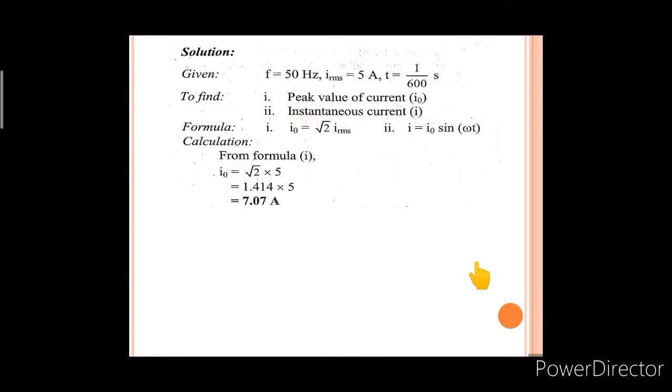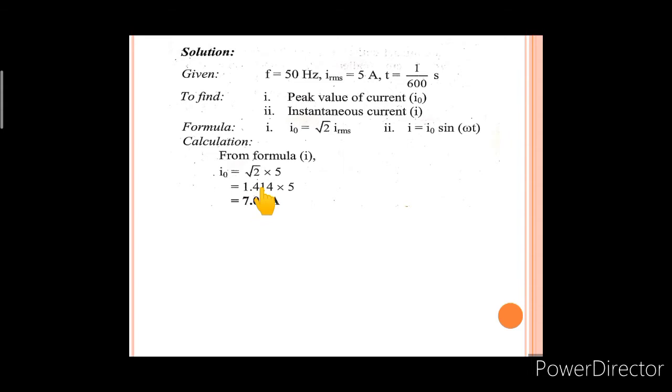By using the first formula, I0 is equal to square root 2 I_RMS. Here we have to substitute the value, as I_RMS is given as 5 ampere. So, we have to write square root 2 into 5, as value of the square root 2 is 1.414.